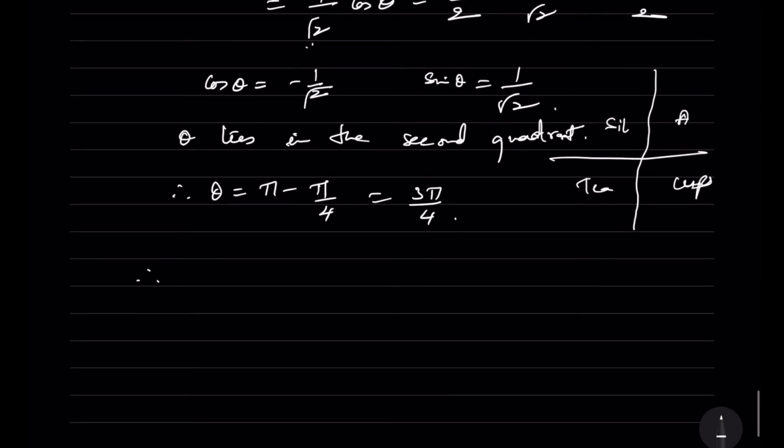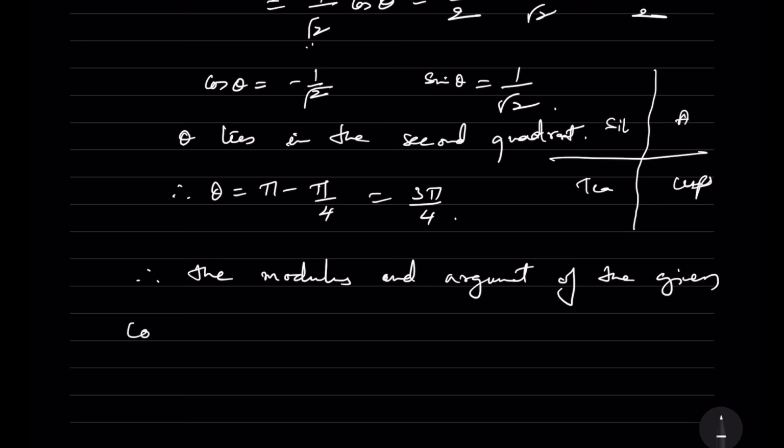Therefore the modulus and argument of the given complex number are 1 by root 2 and 3 pi by 4 respectively.